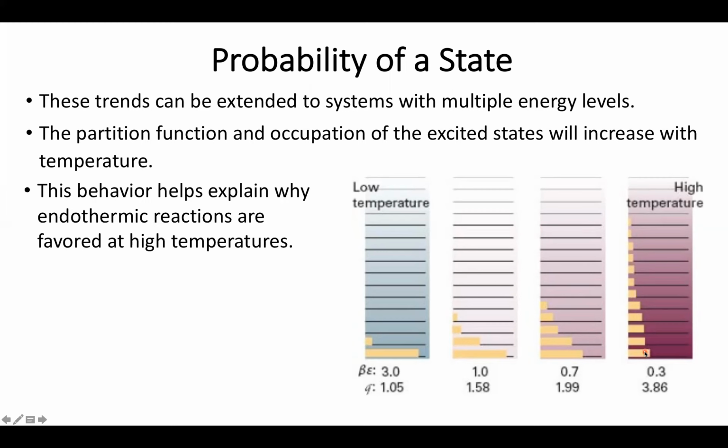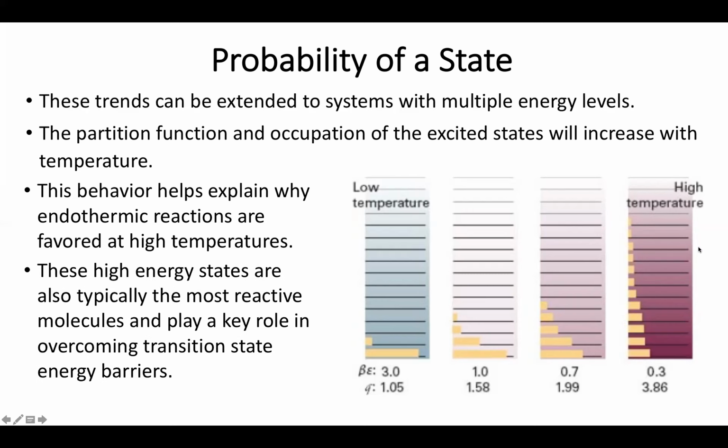However, one of the things that drives the occupation of products of an endothermic reaction at high temperatures is that I start to occupy more of these high energy states on my reactants. So it's going to be easier for these states to drop over. And if I have more densely packed states on my product, it's going to be easy to occupy those densely packed states.